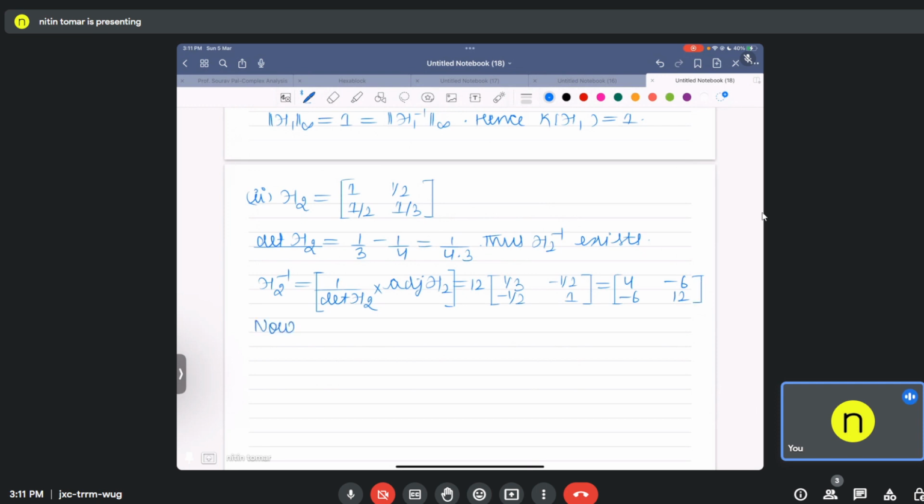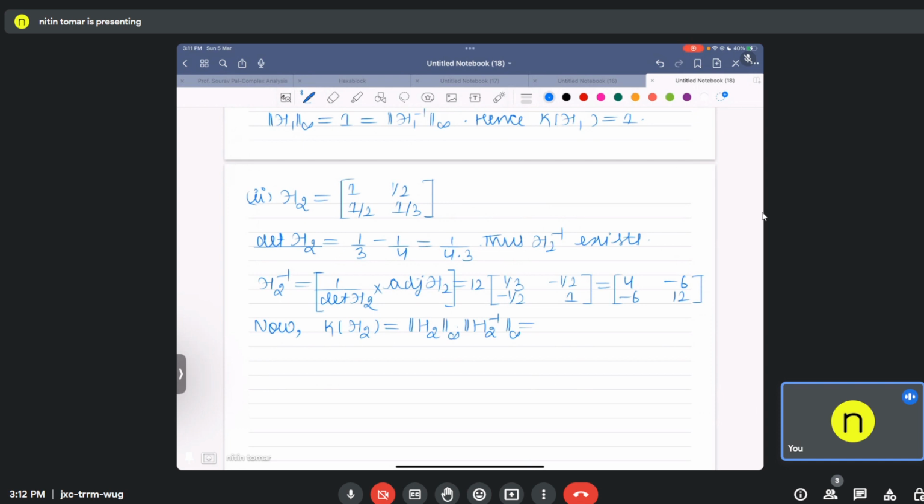So now if you were to compute the condition number of h2 with respect to the L infinity norm, it will be norm of h2 times norm of h2 inverse, right? Now what is the matrix norm subordinate to L infinity norm of h2?